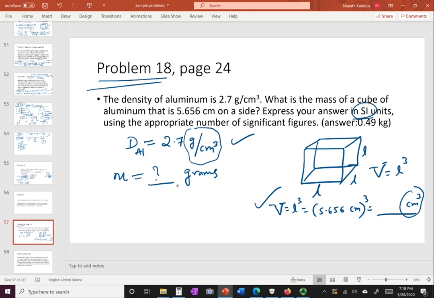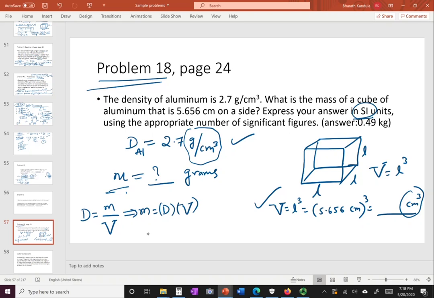Understand? SI units of mass are kilograms, right? So first you can just keep these values in CGS units, that means gram per cubic centimeter, and cubic centimeters here, and just do the math. Density is equal to mass by volume. We are finding mass, so that is equal to density times volume. Clear?